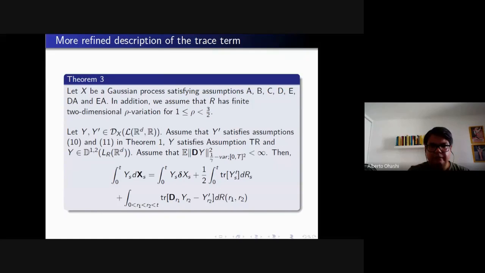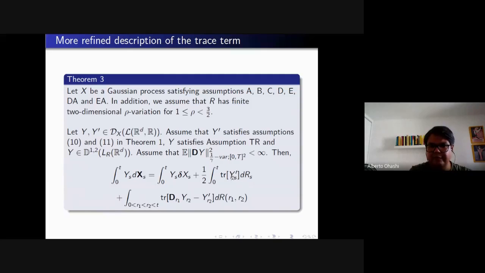So our theorem number 3 gives a more refined description of the trace term. If you assume, in addition to theorem 2, that the expectation of the Malliavin derivative of Y, considered as a two-parameter function, is finite in the 1 over gamma two-dimensional variation, then actually the trace term here can be computed in terms of the trace of the Malliavin derivative matrix of Y prime.